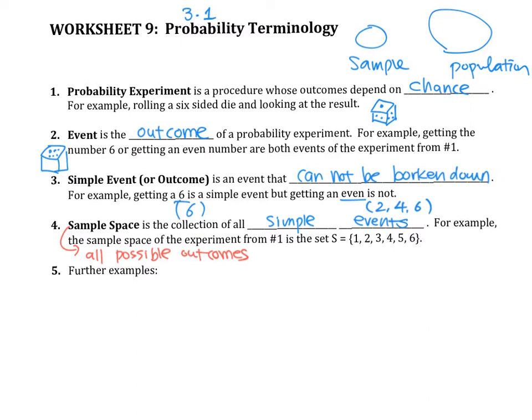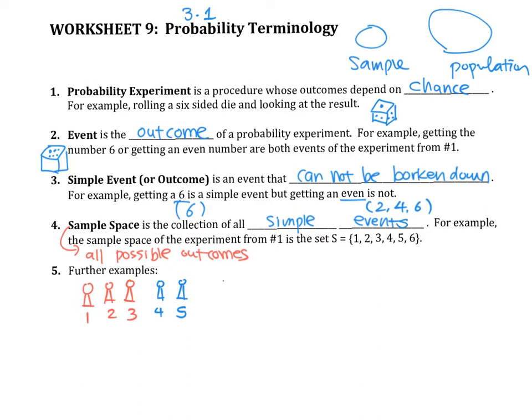Maybe one more example. Let's say I have 5 students. I have 3 red students, student number 1, student number 2, student number 3, and then I have 2 blue students, right? So if I pick a student at random, I could pick a blue student, I can pick a red student.